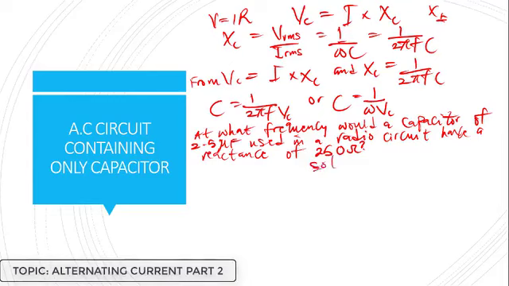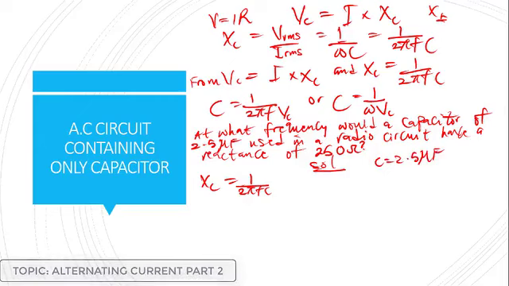Now the solution to the question is that we have our capacitive reactance, which is equal to 1 over 2 pi f C. But before that, let's see what we have to help us find the answer to this question. First of all, the capacitance is given as C equal to 2.5 microfarad.